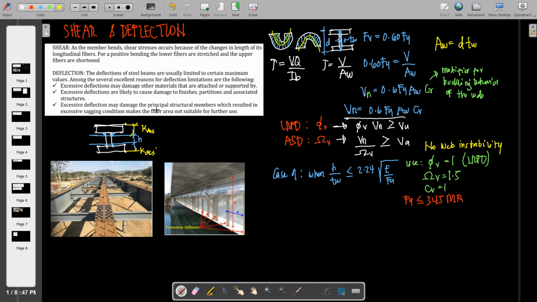Now, if we have a build-up section, say we do not consider KDES or in the problem, we have a fixed depth and thickness. So the calculation for build-up section is simply the overall depth minus the flange thickness. Say this is the thickness of the flange.